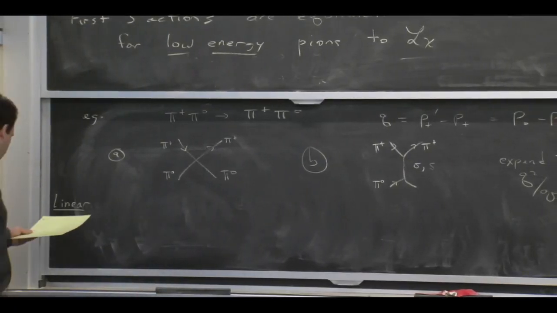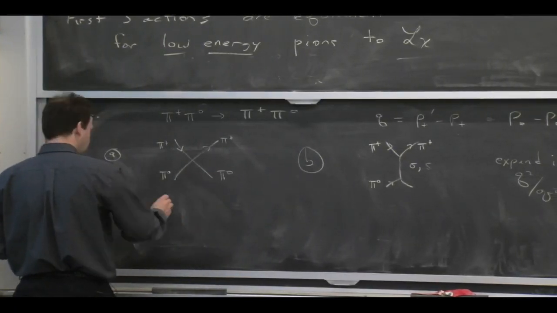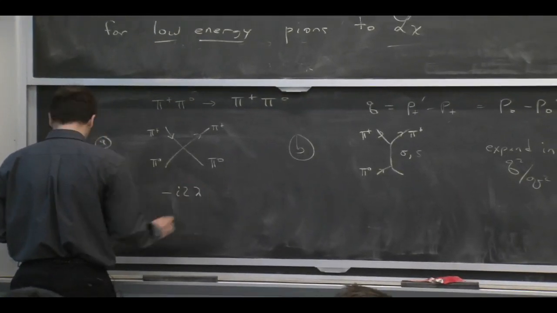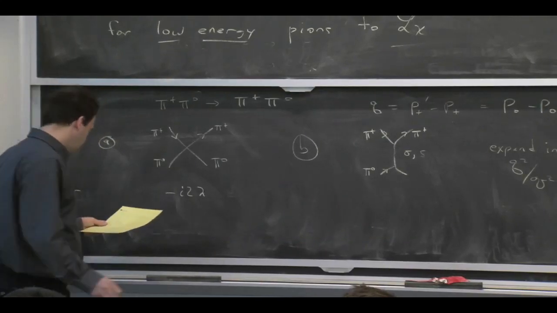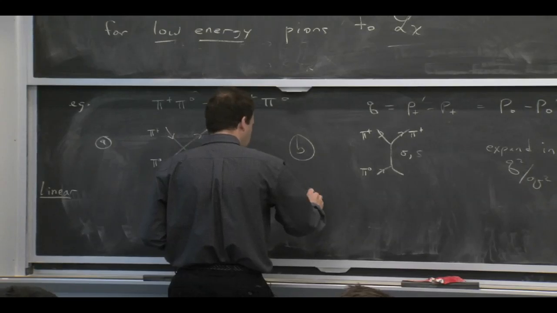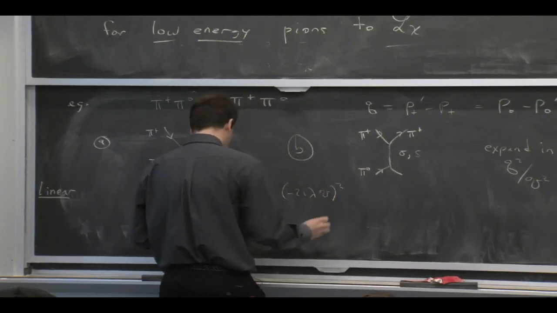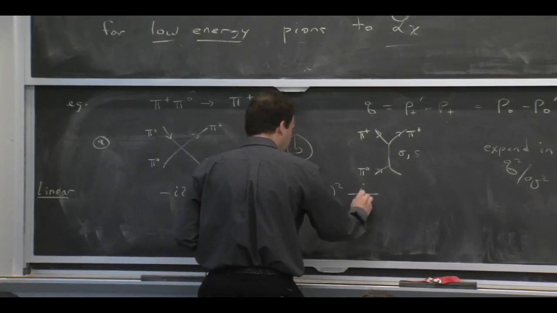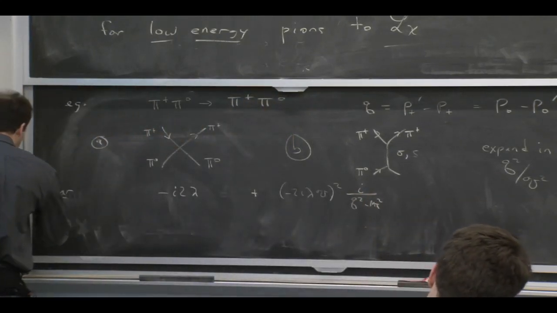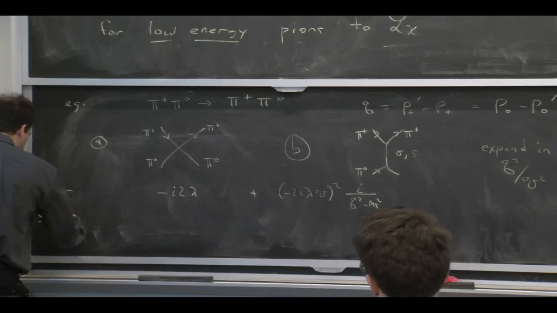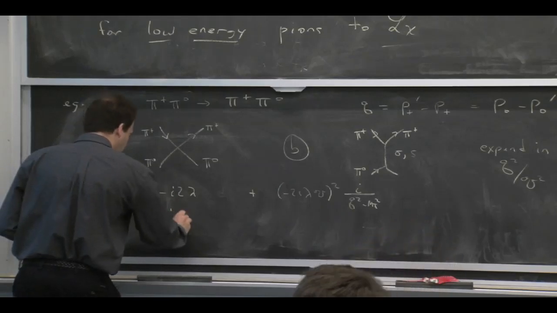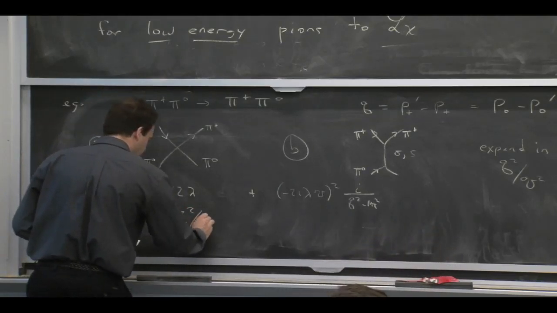If I do it in the linear case, then I have both of these types of contributions. This guy just gives me some symmetry factor, which is 2 minus 2i lambda. This guy has a propagator. The square root looks very different.